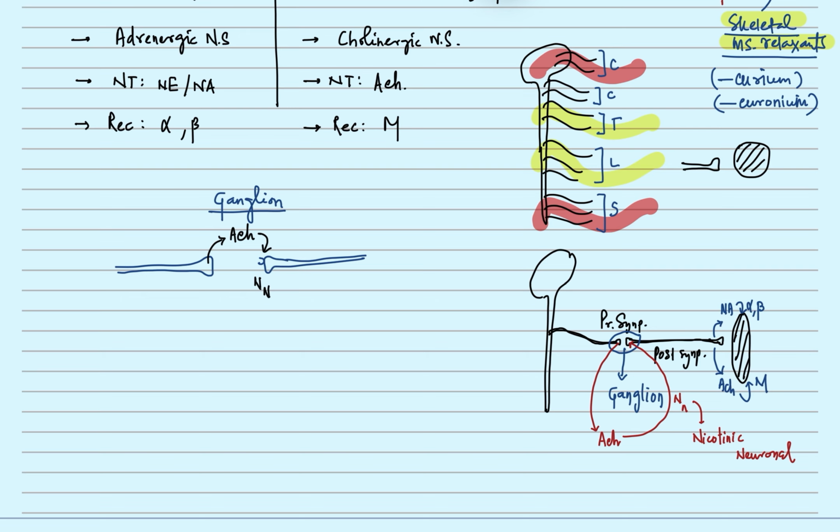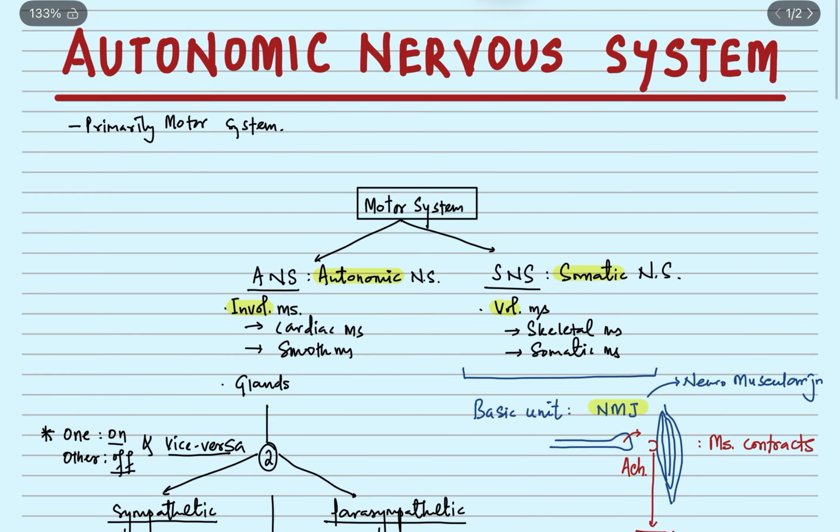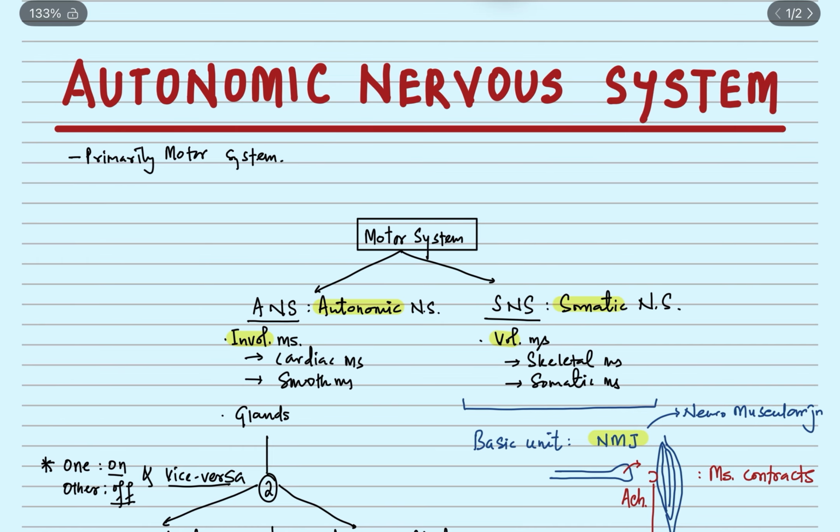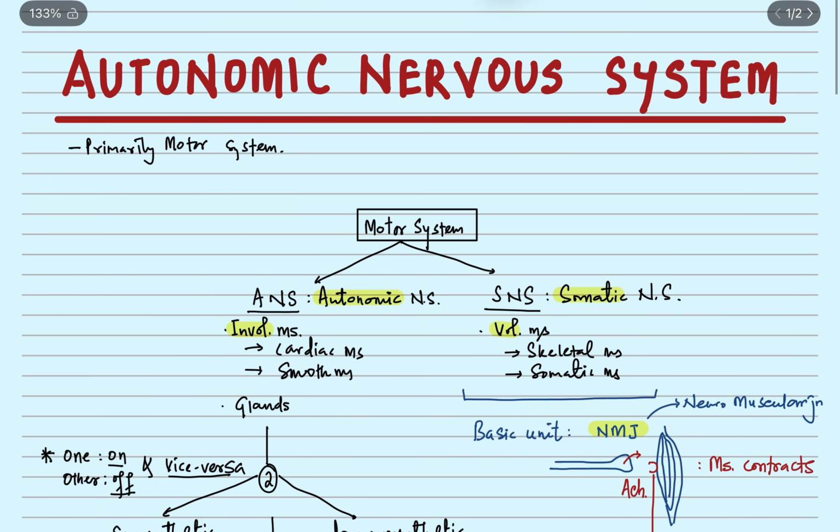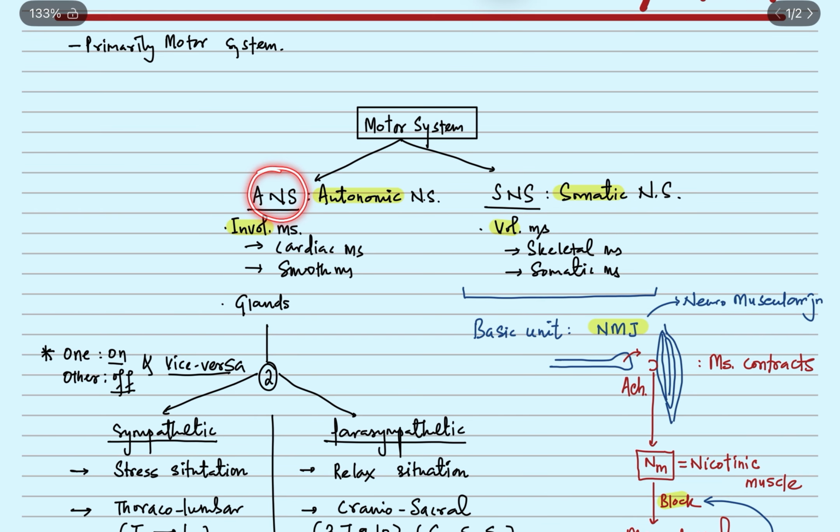I hope you have remembered this, and with this we have completed the introduction to the autonomic nervous system. Let's recap it. The autonomic nervous system is primarily a motor system. Before talking about the motor system, I told you a broad classification of the motor system. It is divided into two types: those which control the involuntary muscles and glands, called the autonomic nervous system, and those which control the voluntary muscles, called the somatic nervous system.